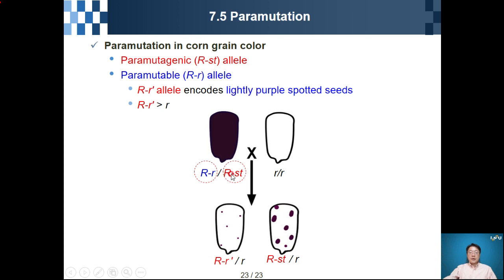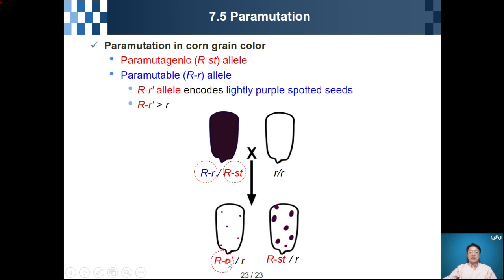After that, the interaction happens between the two alleles, and the paramutagenic allele induces inheritable changes in the large R small r allele. After that, the large R small r allele is changed to the large R small r prime allele.